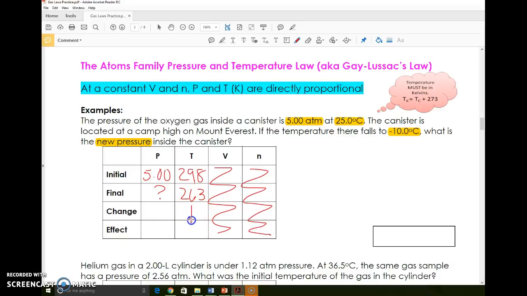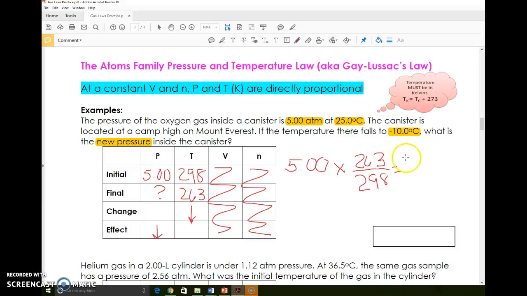If temperature decreases according to our new law, the pressure will decrease as well. Beginning with our initial pressure of 5.00, again, we're going to use the temperature values to create a proportion. We need a lower pressure, so I'm going to use 263 in the numerator and 298 in the denominator.